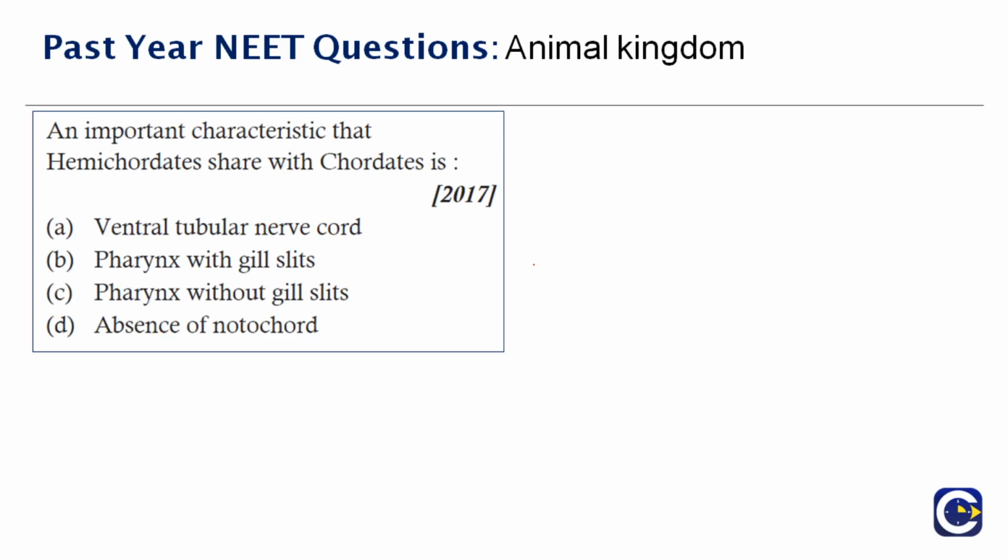Next question here. An important characteristic that hemichordates share with chordates is dash. What do you mean by chordates first? Let's discuss that first, because hemi is different, but what are chordates in general? How can you differentiate them?